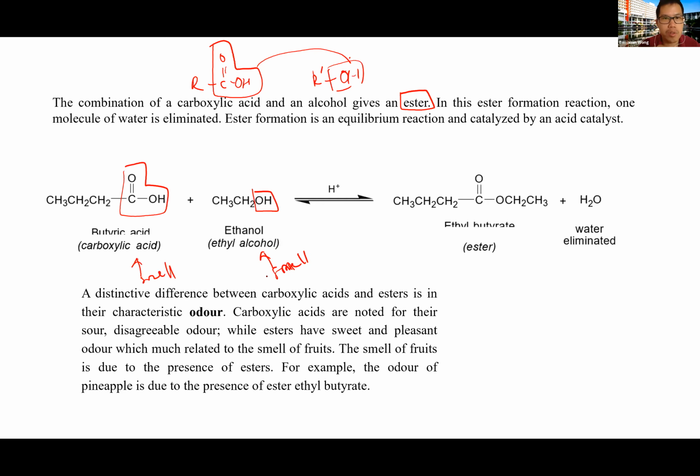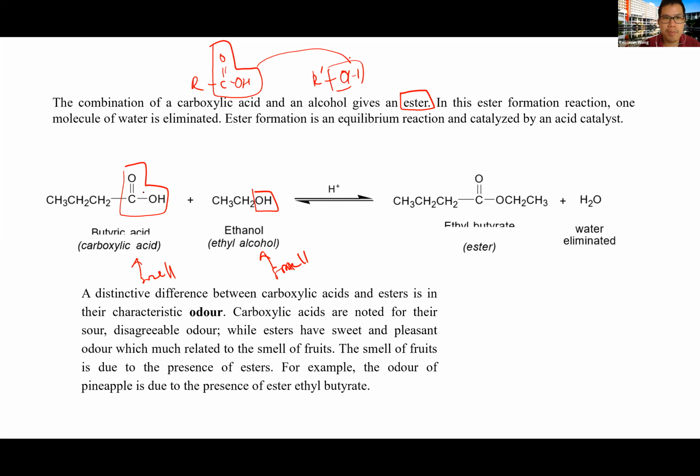The reason the practical asks you to smell is to tell you that both of them don't smell like what you're going to get after the reaction. For the carboxylic acid, when you smell it, it smells sour. Acid always smells sour. Alcohol is going to smell like your hand sanitizer.